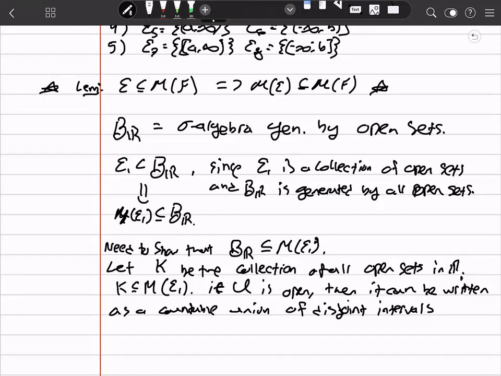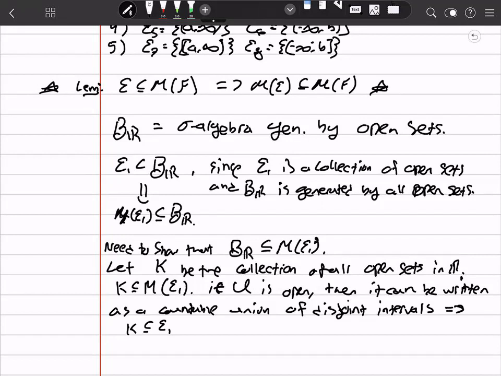So this implies that K is a subset of M of E1, since every open set is a union of disjoint open intervals.